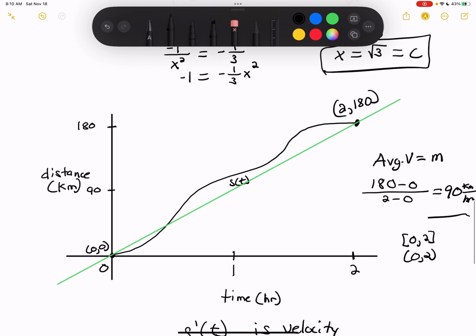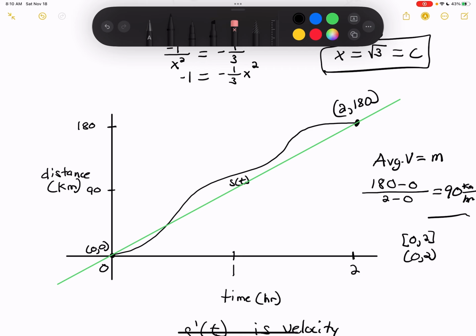Which makes sense. If you go driving in your car for 2 hours, you travel 180 kilometers. Your average velocity over those 2 hours is 90 kilometers per hour. There must have existed some point in that trip where your instantaneous velocity was also 90 kilometers per hour.